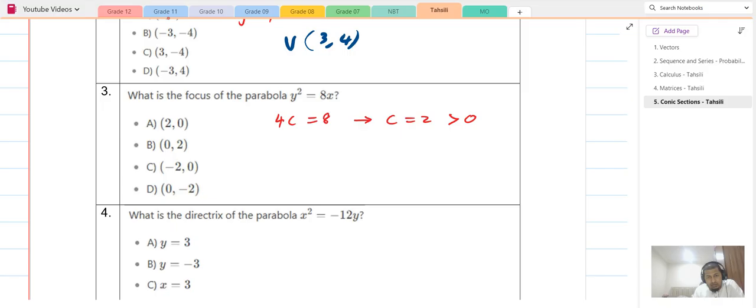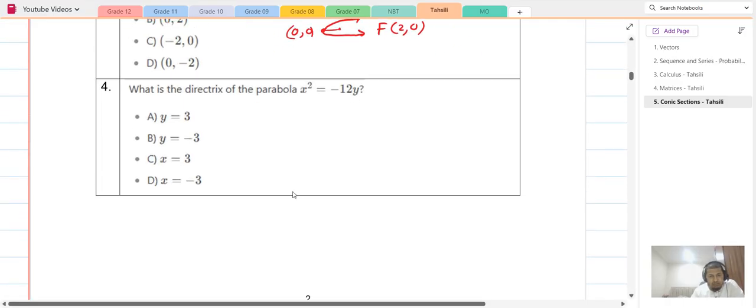We know that the parabola opens up to the right, and we know the vertex is 0, 0. To find the focus, remember we need to go 2 units on the inside. The focus is always on the inside. So if you go 2 units to the right, 0 plus 2 is 2. So the focus is 2, 0. I hope you understood that.